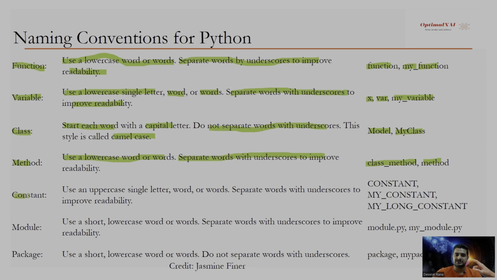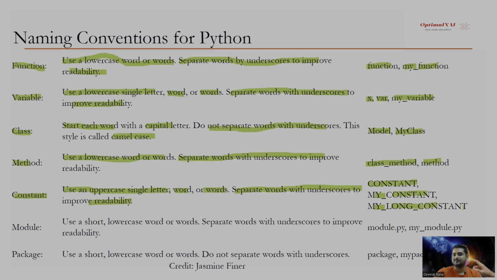And in case of constants, we need to add readability here. So we need to separate the constant from the variable. So we can use uppercase single letters or uppercase multiple words, or we can separate the multiple words with the help of underscores in uppercase. So you can see here, this is one example constant, MY_CONSTANT, MY_LONG_CONSTANT.